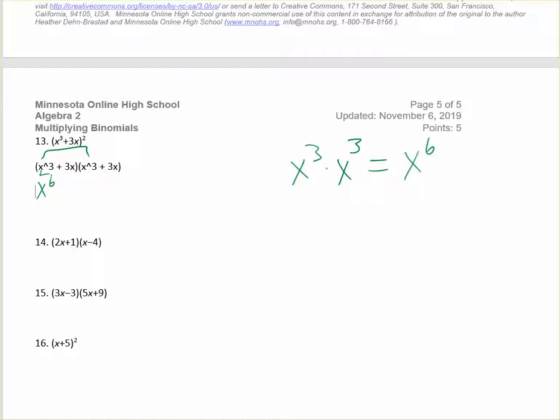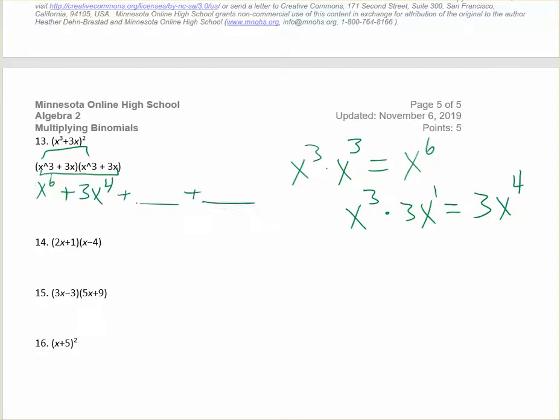And then you'll do the outer, x to the third times 3x, put the 3 in front, and then x to the third power times x to the 1 is x to the fourth. So far we have x to the sixth plus 3x to the fourth. And then you would have 2 more multiplications to do, and then you would check if there's any like terms to add, and then you would be all done.